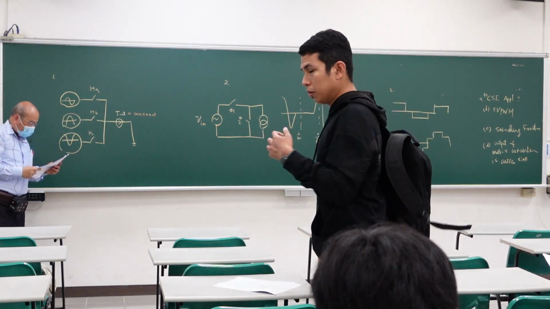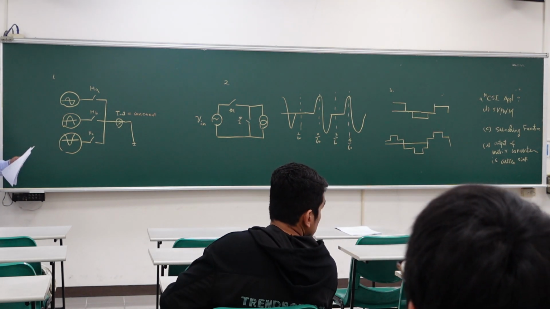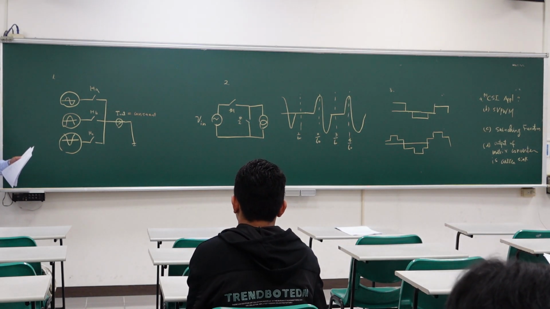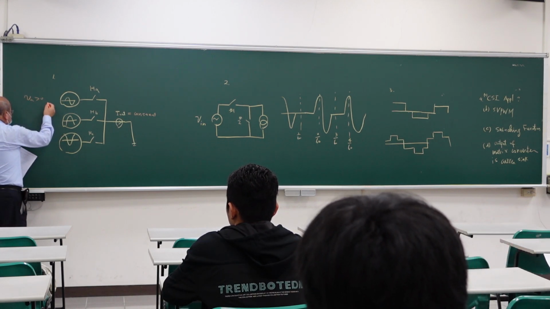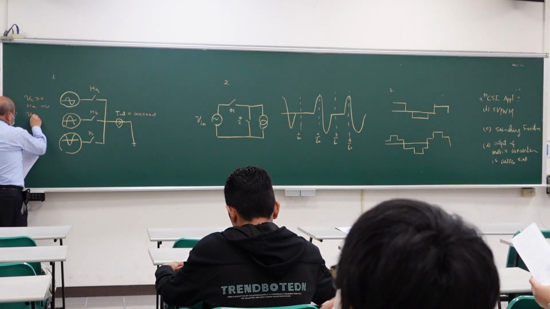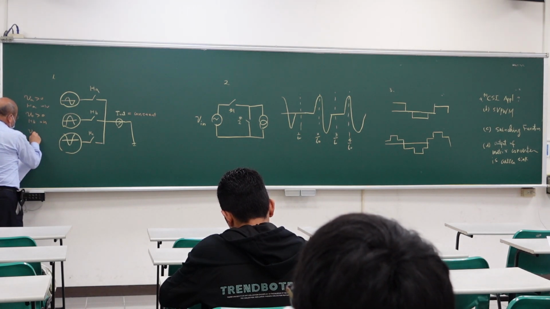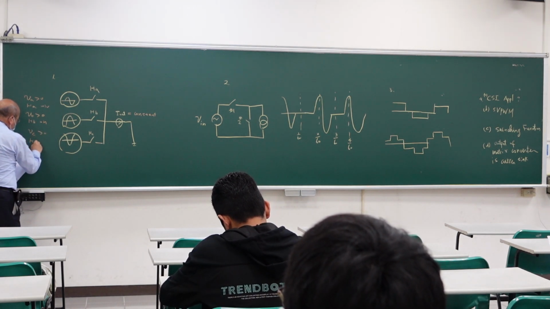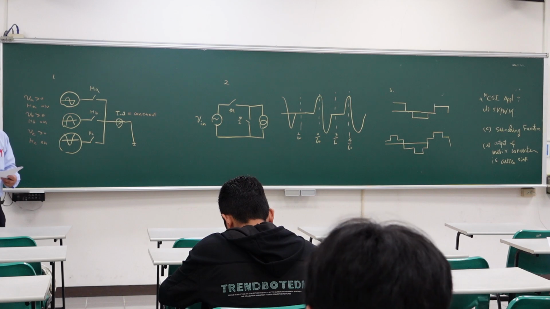It is proposed to turn on each switch when the corresponding voltage is positive. So if VA is positive, then HA on. VB positive, then HB on. VC positive, then HC on. So if the voltage is positive, then the switch is turned on.